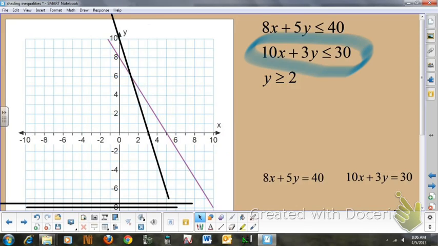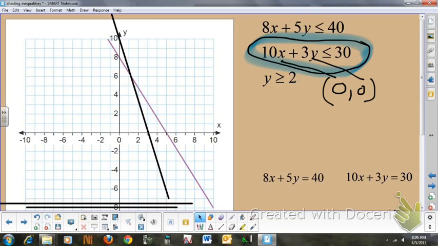Now we have the second inequality, which is 10x plus 3y less than or equal to 30. If we use the point 0, 0 to test and stick in the zeros here, we end up with 0 less than or equal to 30 on this side. And that's true. So 0, 0 works for that inequality as well, which is the black line here.